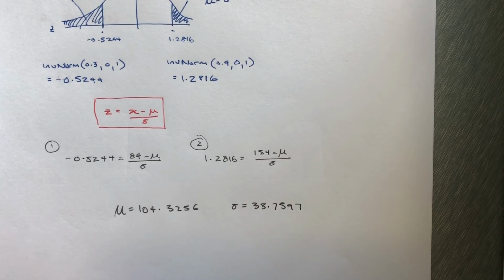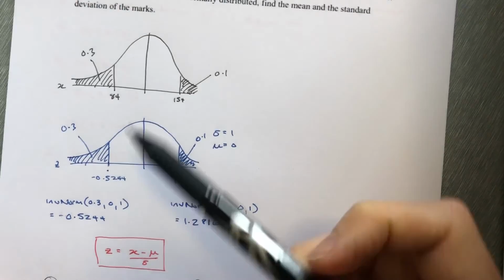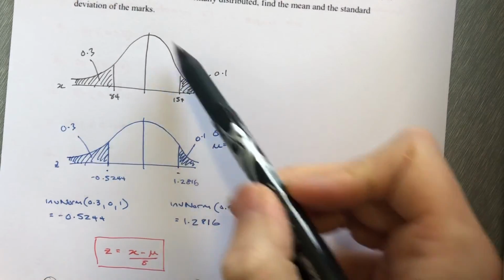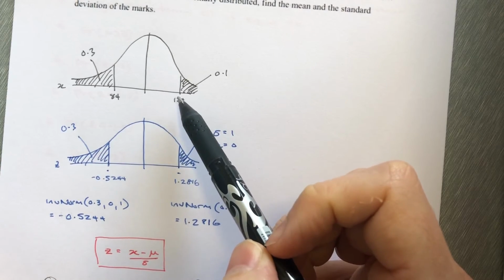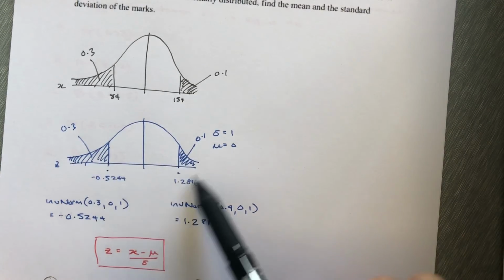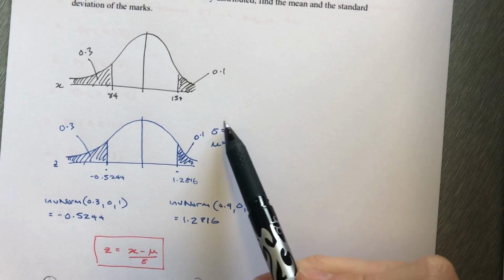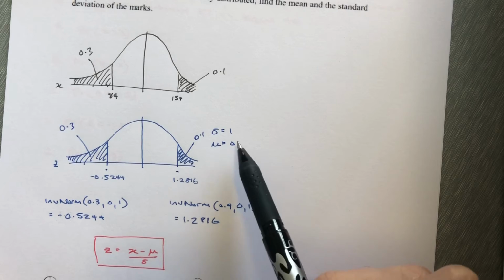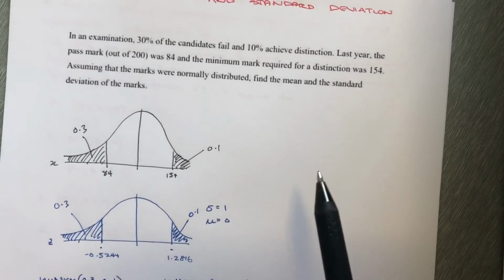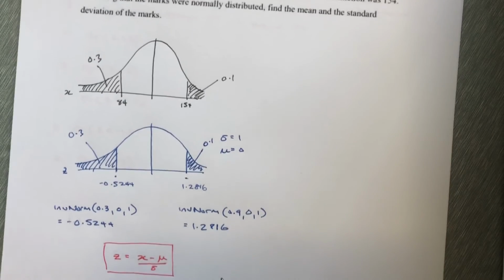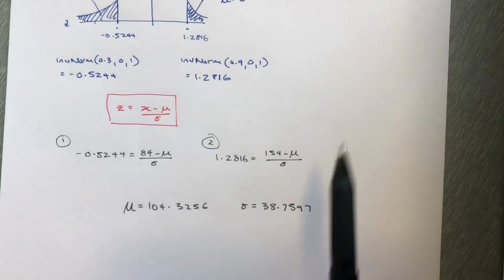So we have them both, and we did that through comparing this normal distribution with a mean and standard deviation that we didn't know, to the standard normal distribution. The reason we went to the standard normal is for that one we know what the mean and standard deviation are, so it helps us out a little bit. Okay, so I'd absolutely suggest that you go through this process a couple of times because I see these questions pop up a little bit.